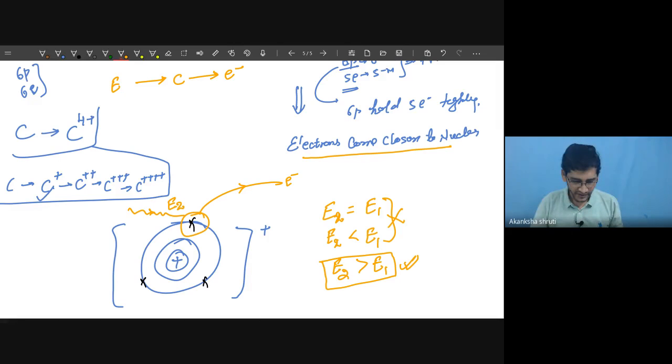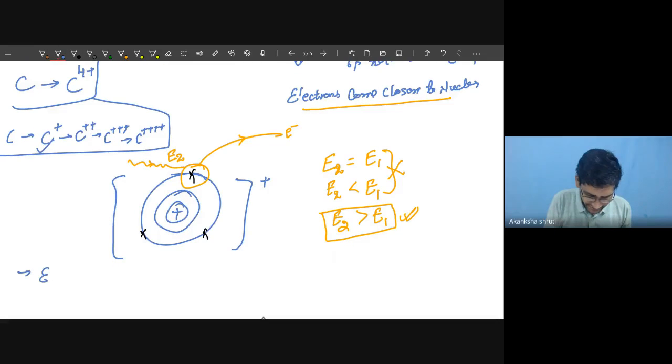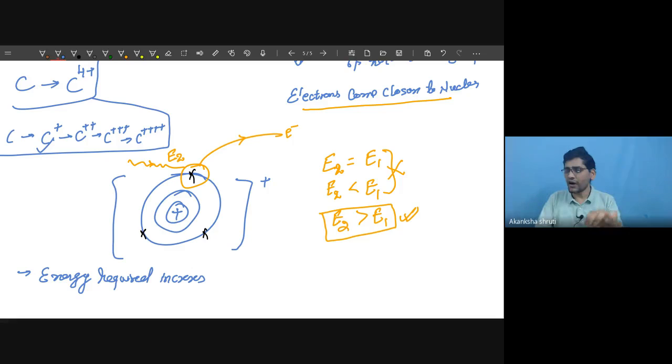So the energy required increases, and this increase is not only a single time but many times. Say 10 kilojoule is required the first time, the second time it may be 40 kilojoule.